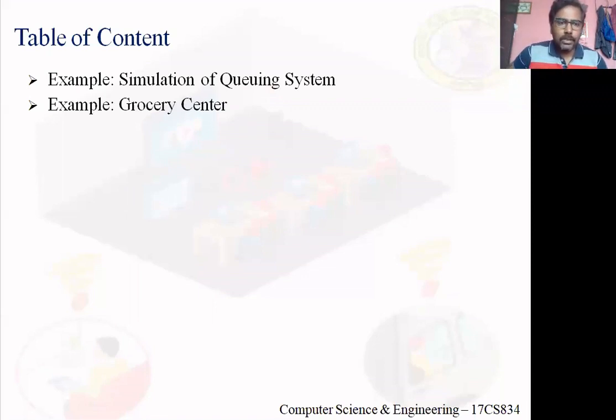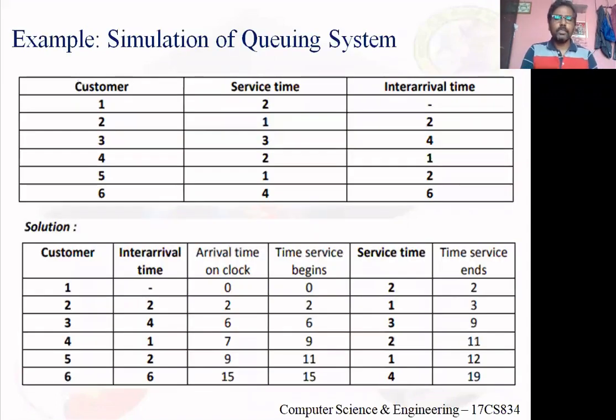So now let me have a look at simulating a queuing system. All of you listen cautiously. This is the first problem we are solving using a simulation table. It's very easy, but if you're not able to understand, even a simple problem will become complicated. So I request all of you to listen cautiously.